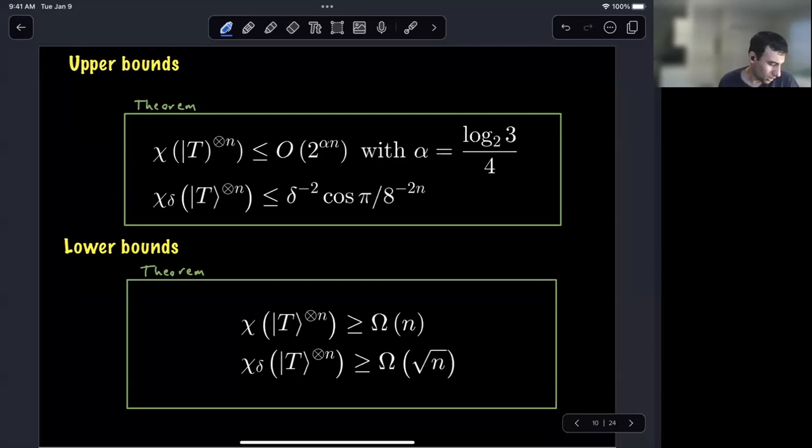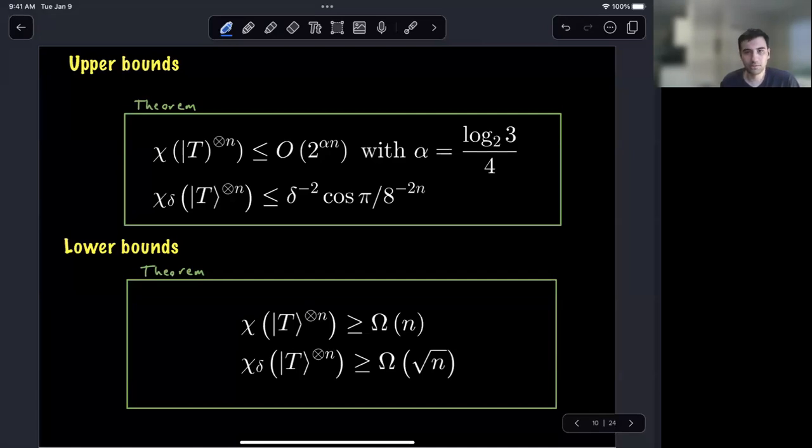There are some upper bounds and lower bounds on the stabilizer rank. We have some upper bounds for the exact rank, and some upper bounds for the approximate rank. They're both exponential with different exponents.